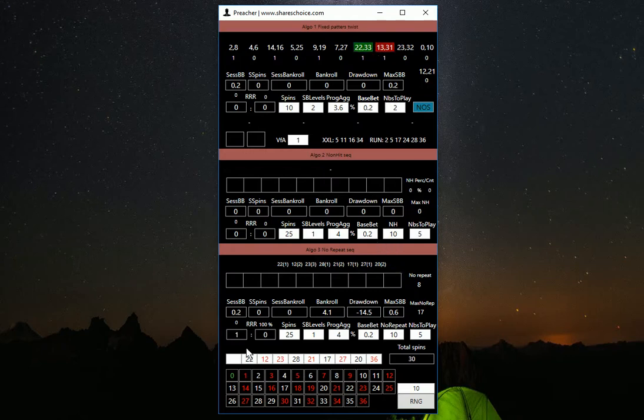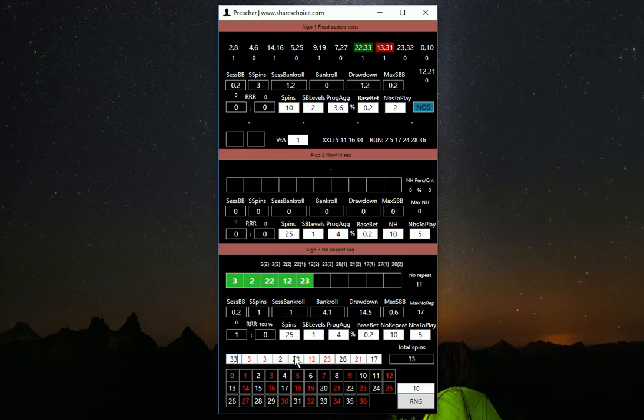What we can see here, number 22 came, this is this one, therefore the app is predicting play and bet on number 22 and 33, 10 spins 2 times, so in total 20 spins. And if I enter now, for example, number 2, you see the bankroll is changing because we are not hitting our number.